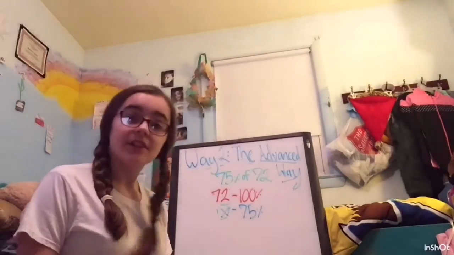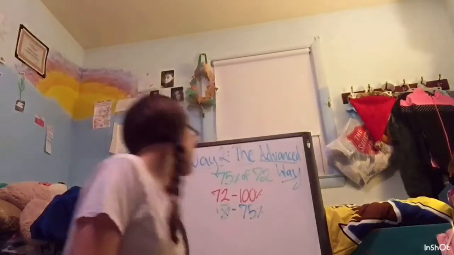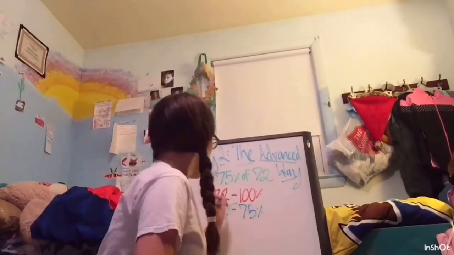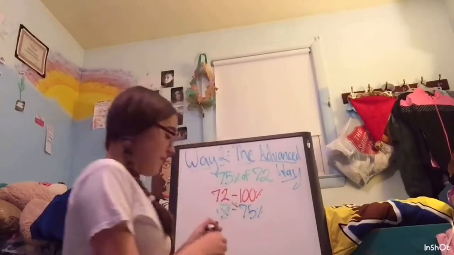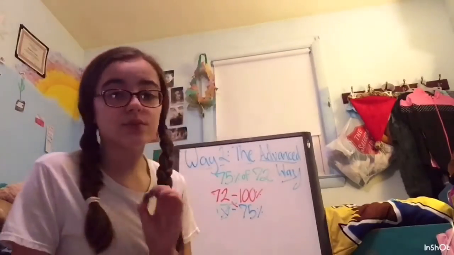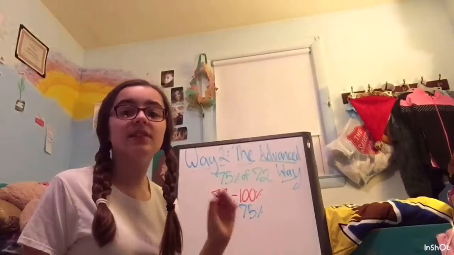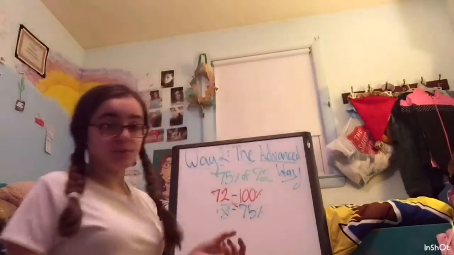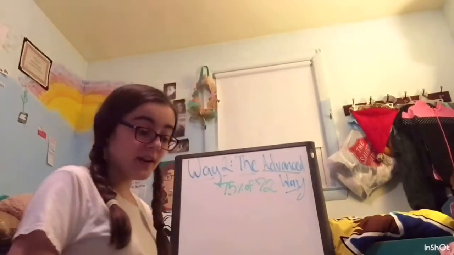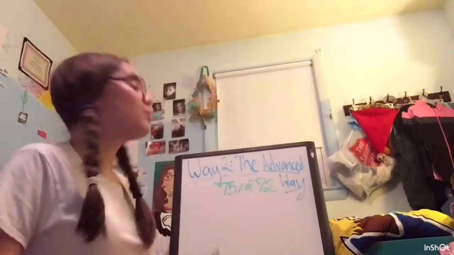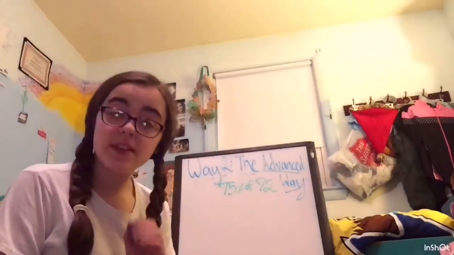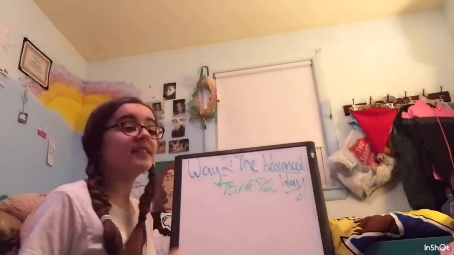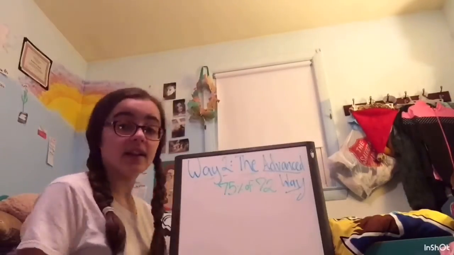So, taking what we just learned, we would do 100 times x and 72 times 75. Yes, take the actual number, because we will apply the decimal later, as you will see. So now we have 100x equals 72 times 75. Yes, we keep the number because we will add in the division or decimal later.